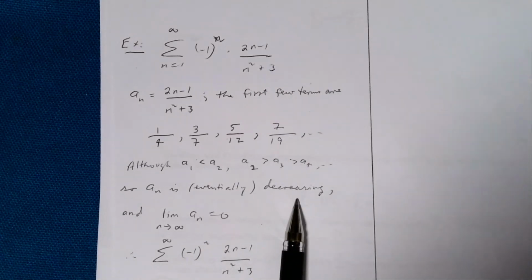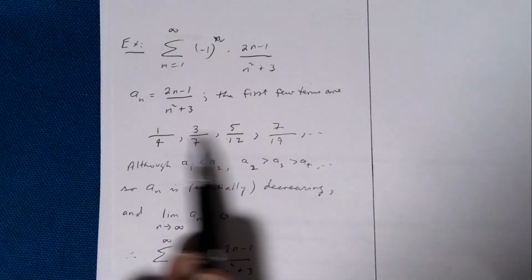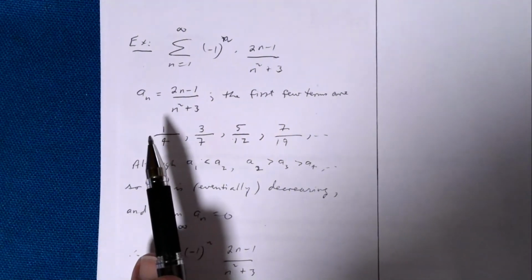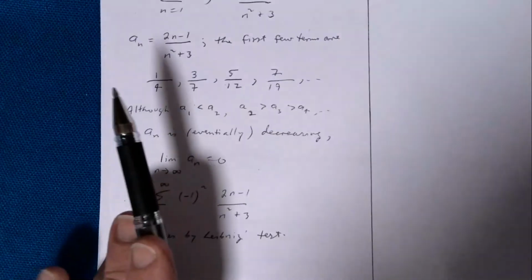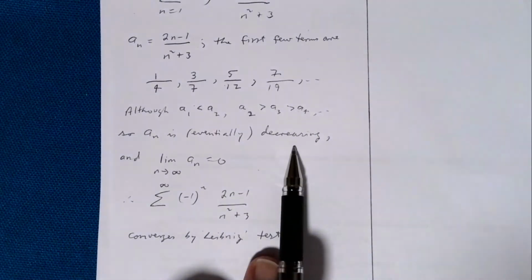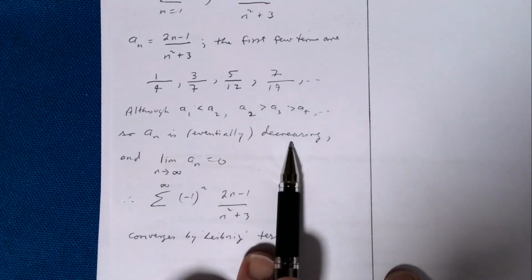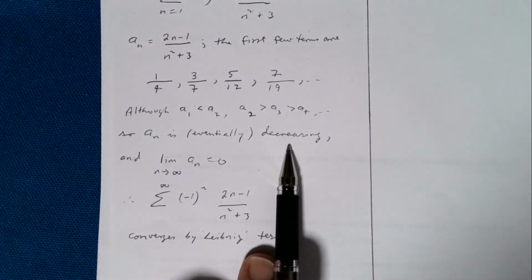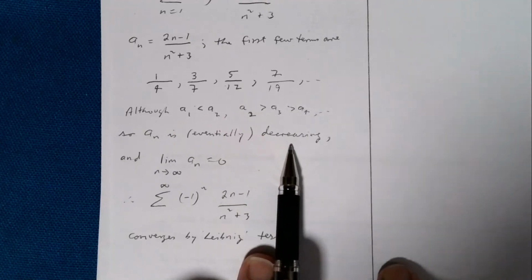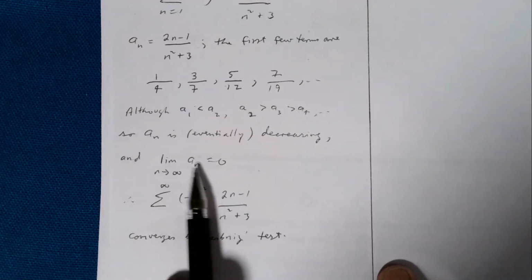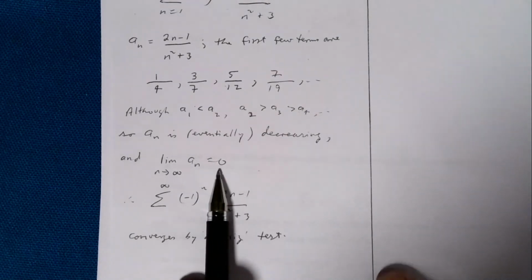Now in practice, when you're doing these, don't worry too much. You'll always have ones that are decreasing, but you need to just note it. You don't need to do much more than just say that a_n is eventually decreasing. You can prove this, but it takes a lot of fiddling around, and I'm not going to worry too much about that. You then check that the limit of this general term is 0.